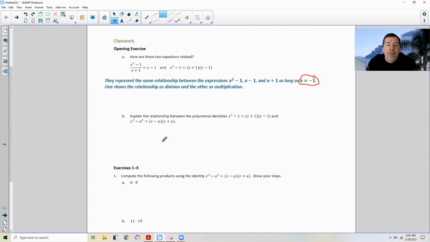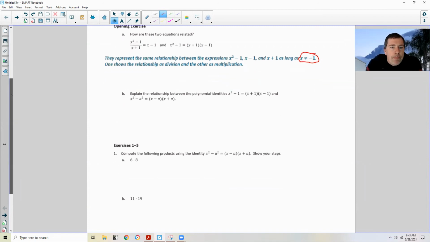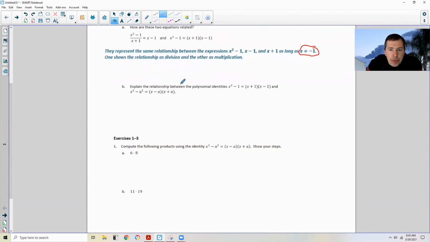It's undefined. Okay, so B: explain the relationship between the polynomial identities x squared minus 1 equals x plus 1 times x minus 1, and x squared minus a squared equals x minus a times x plus a.